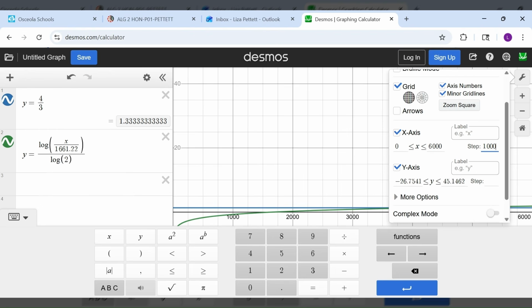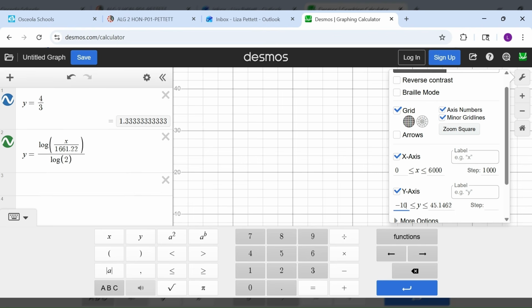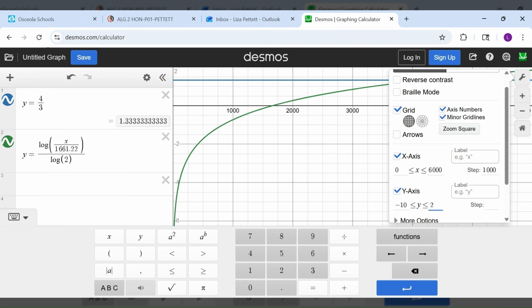On my y values, we can go from negative 10 to 2, because 4/3 is only 1.33, so I wanted to hit a max value of 2.